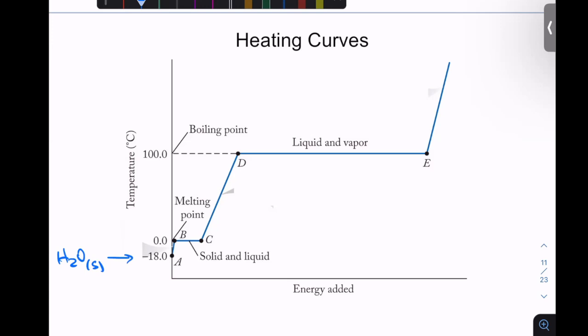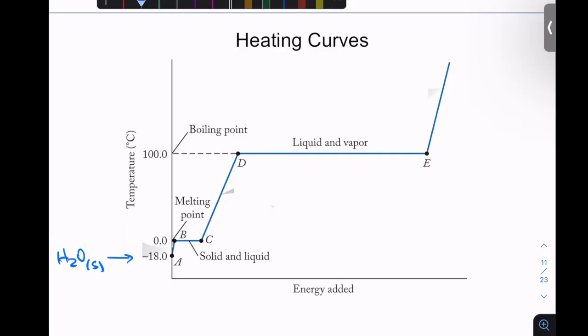And we're going to keep raising it until it turns into a vapor and goes off into the gas state. And water is a great example for this, because we all have a pretty good idea of what the boiling point and the freezing point of water is under general atmospheric conditions, right?